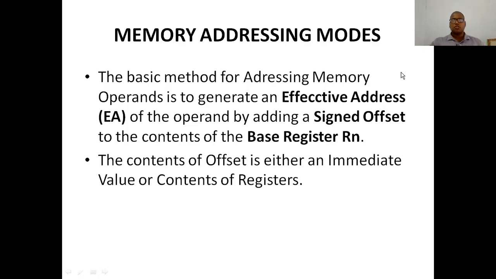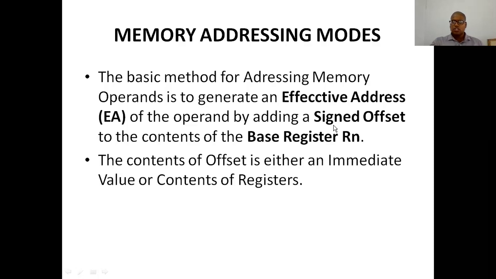Coming to our topic, memory addressing modes, here we will come across two new terms. One is effective address and the other one is signed offset address. The effective address will come after the addition of two different terms: one is the signed offset address and the other one is the base register.